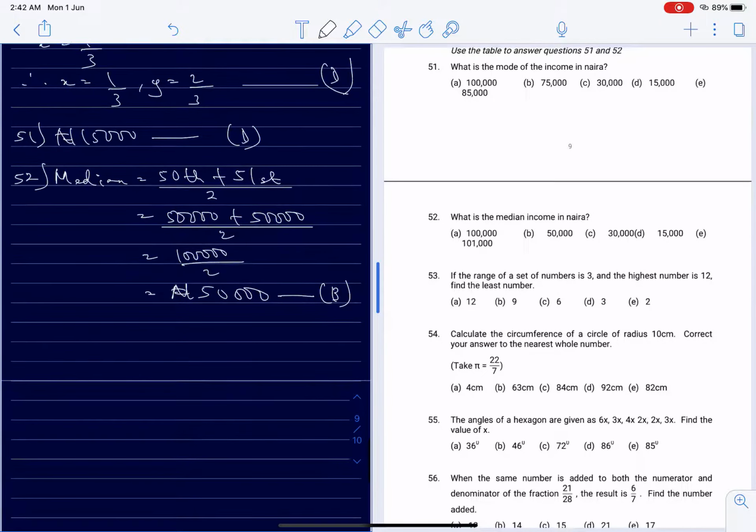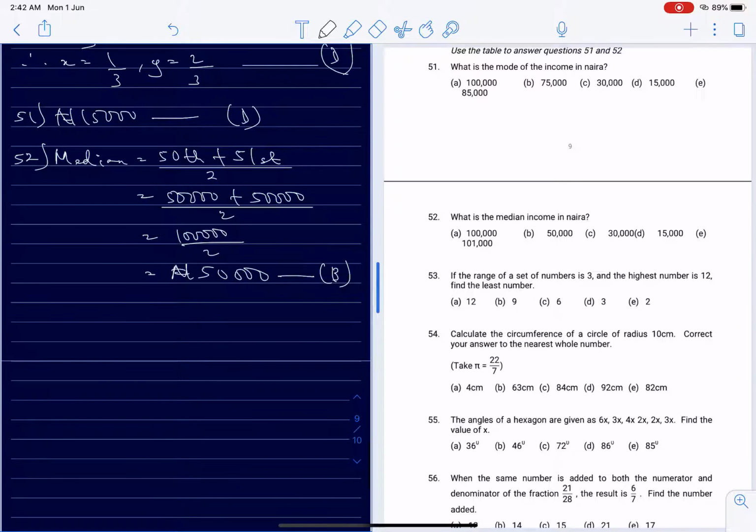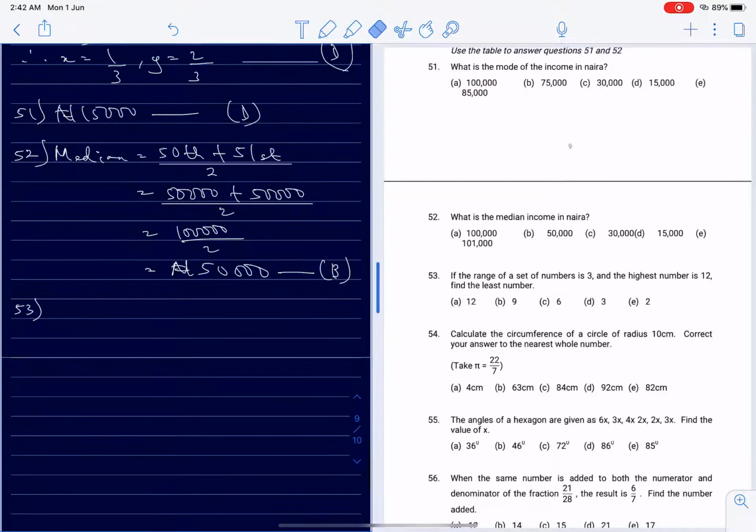Now we go to number 53. If the range of a set of numbers is 3 and the highest number is 12, find the least number. Of course, range equals highest minus lowest. Let x be the least number.